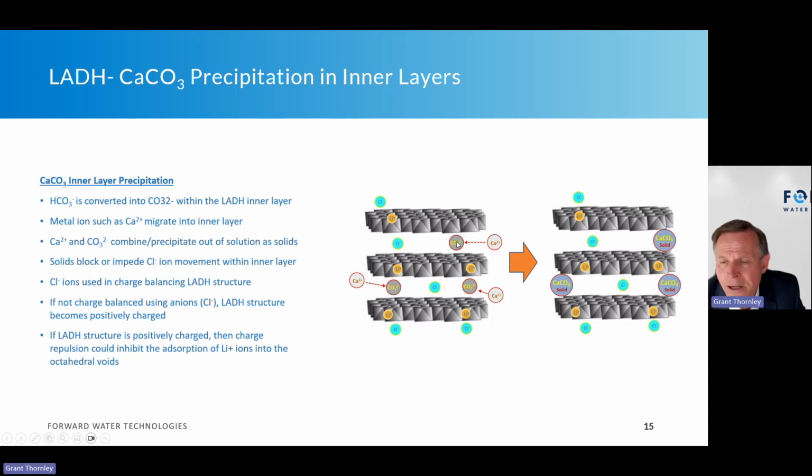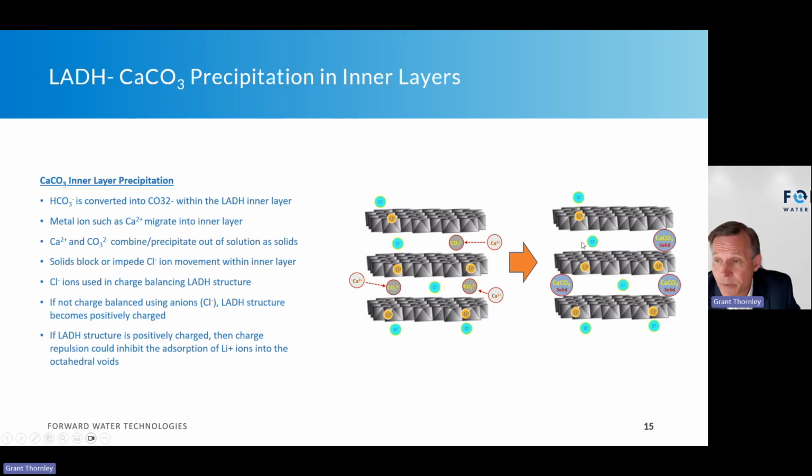And with the carbonate, now it's sitting in the inner layer. If there's any calcium in this, as an example, it can complex with the carbonates. So I have my carbonates in the inner layer, and I have calcium within my brine, and all of a sudden it complexes, and I have calcium carbonate solid forming in the inner layer.